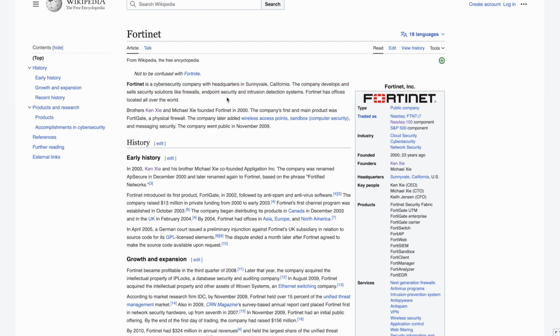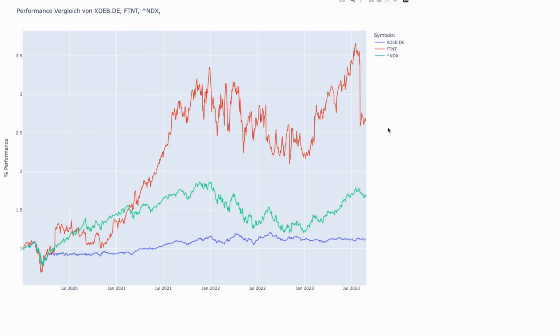And this company provides products and services around firewalls or intrusion detection systems. So systems that detect whether an attacker has intruded a computer or not. So from this graph, you can easily see that we have here an example for a low volatility title, a medium, actually a high volatile title, and a very high volatile title.